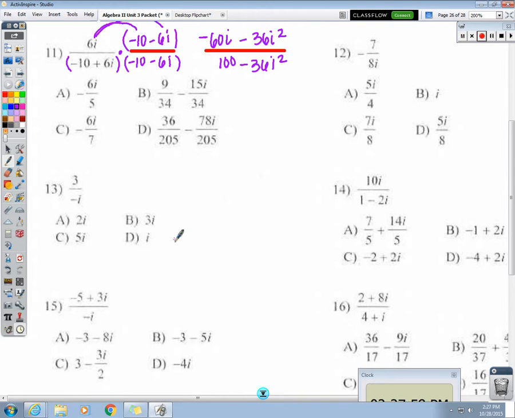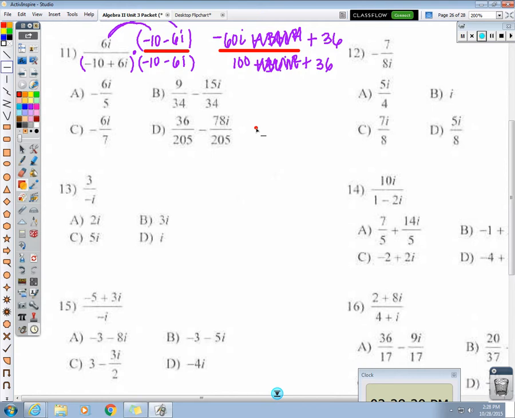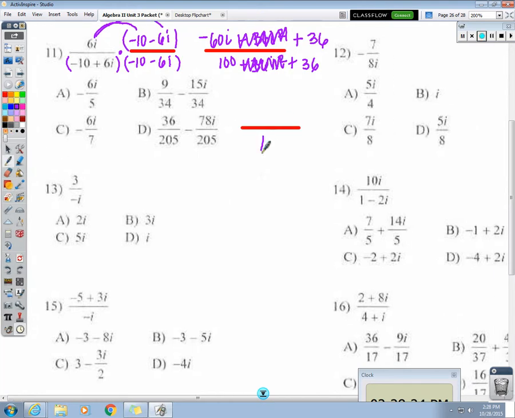Okay, now, what can be simplified? Right, well, doesn't this negative 36i squared become a positive 36? So wouldn't the numerator, since it's the same thing, become another positive 36? Okay, so we can see that the denominator is 136, because 100 plus 36 is 136.